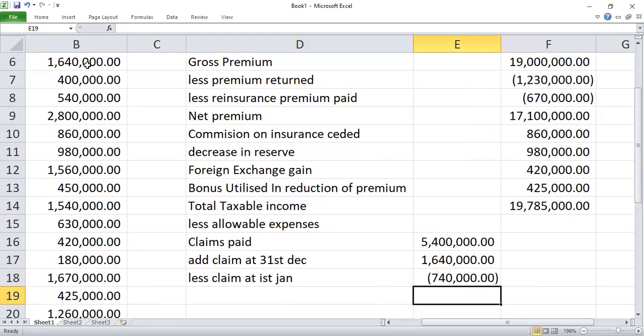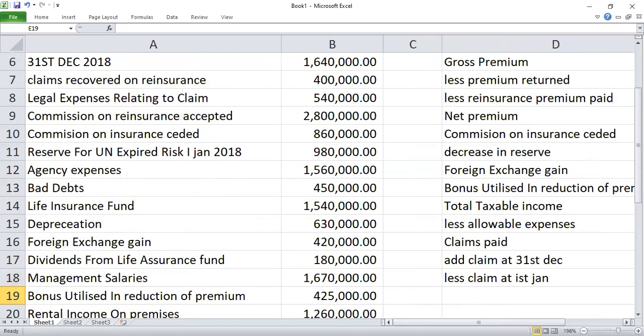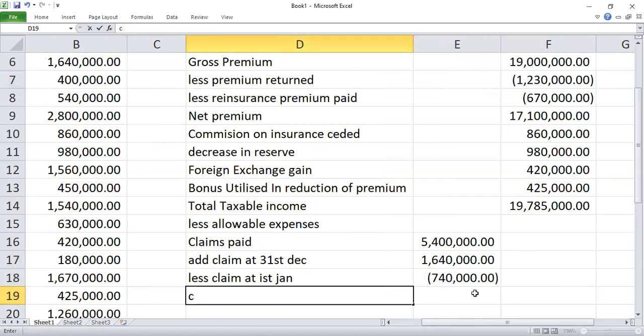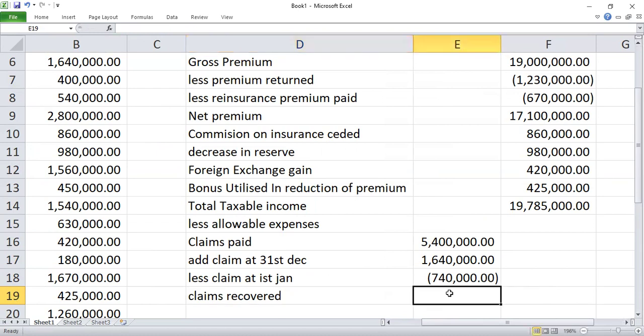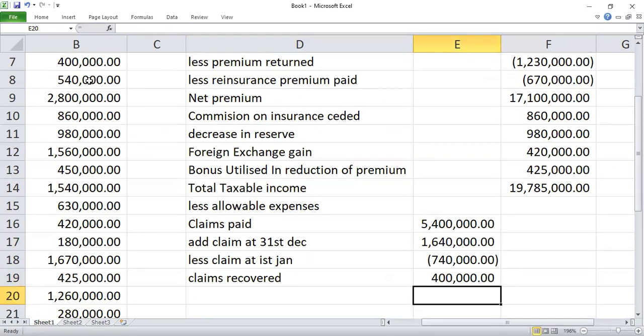Now we also have claims recovered. Claims recovered on reinsurance is 400,000.